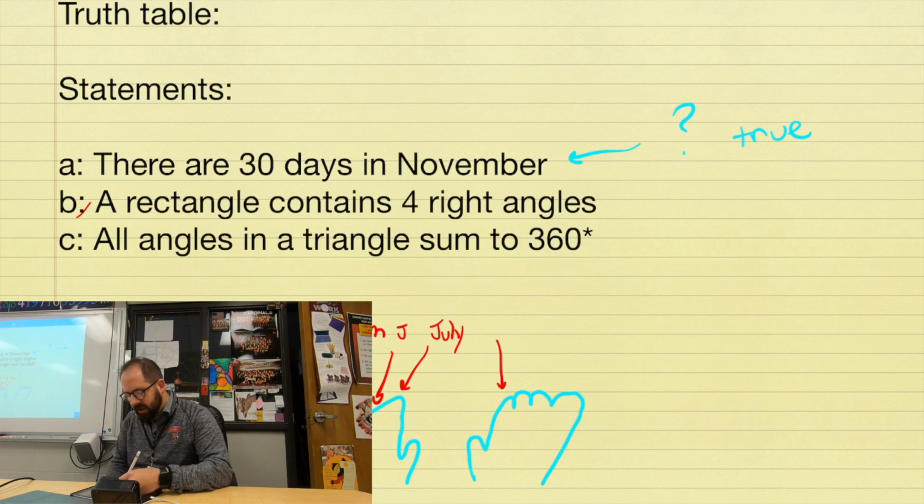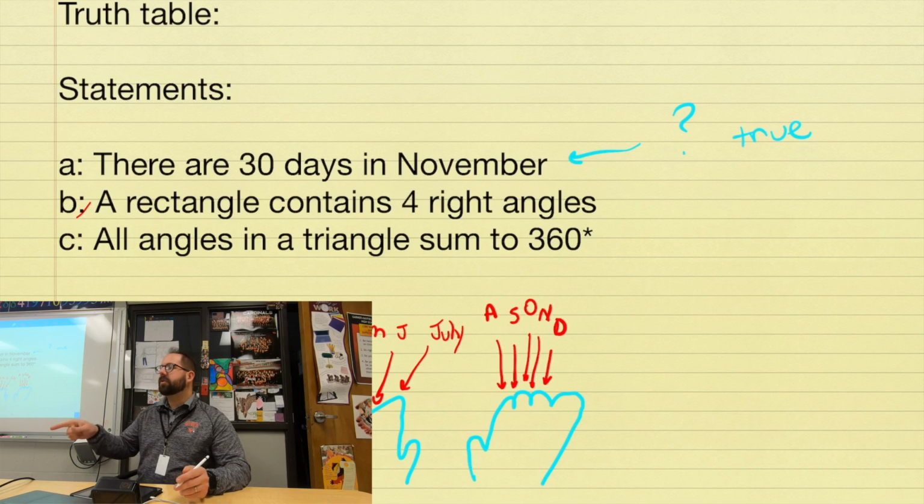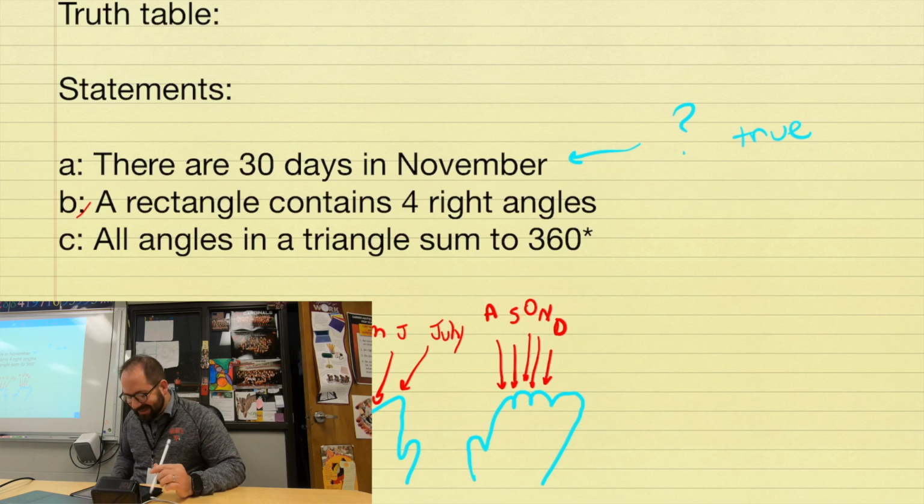This is August. August does. September doesn't. October does. November doesn't. And December does. So November doesn't have 31, so it has 30, so that's a true statement. I know that's really dumb, sorry. It's just what you have to look at.